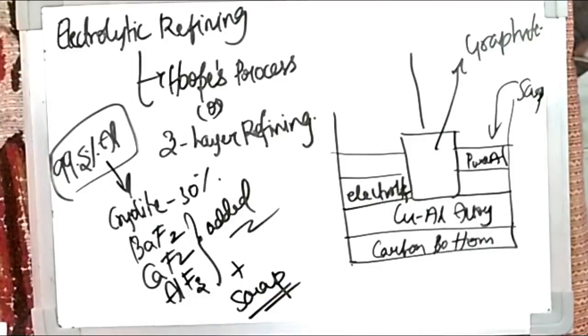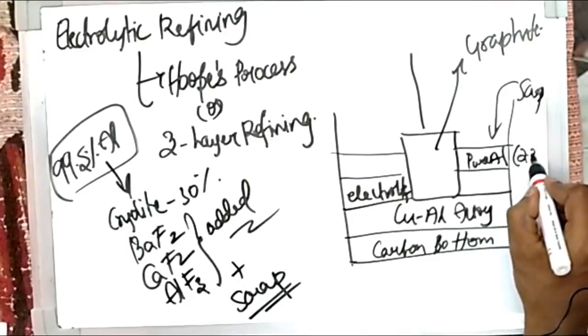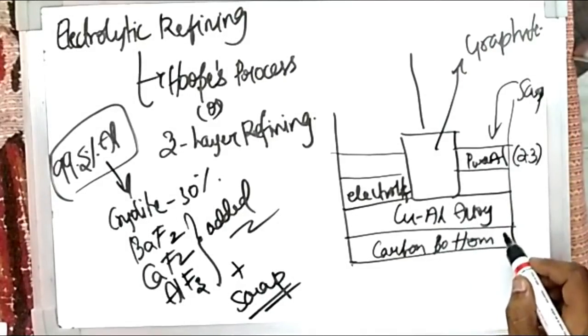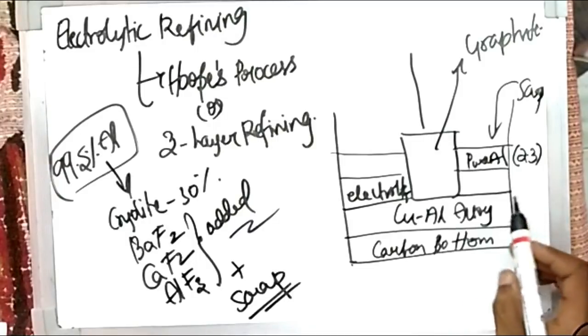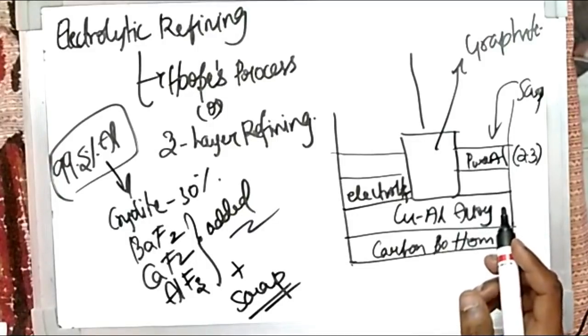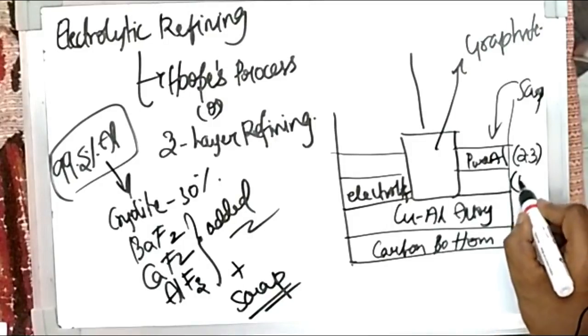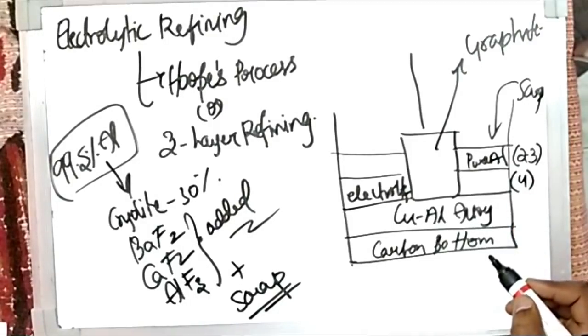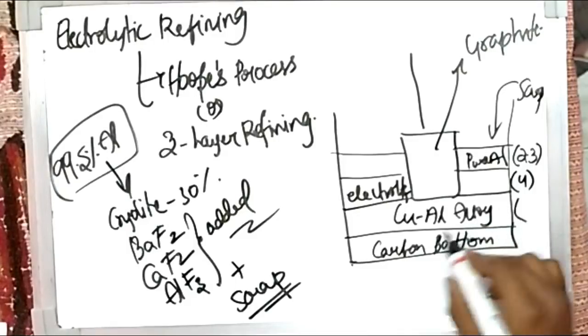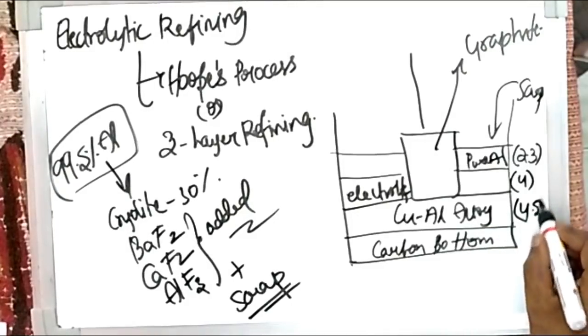The pure aluminum has a density of about 2.3, that is why it is floating. The density of the electrolyte is about 4, whereas the density of the copper aluminum alloy is about 4.5.